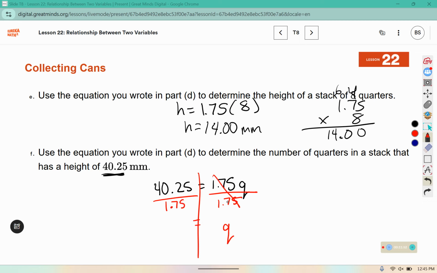Any number divided by itself is just 1, so we have 1Q. And then 40.25 divided by 1.75 is 23. So it will take 23 quarters to reach a height of 40.25 millimeters.